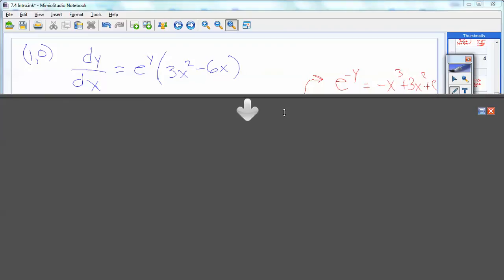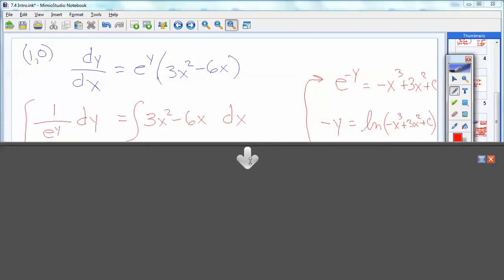Then what? Natural log of both sides, or you can just convert it to a natural log. When you do the natural log of this side, what do you get? Negative y, right? And then natural log of that side. It might be good to put bars around that because we do want that to be positive. But it will be, since e to something is always positive, so we know that's got to be positive right there.